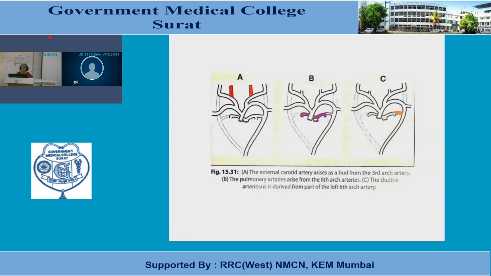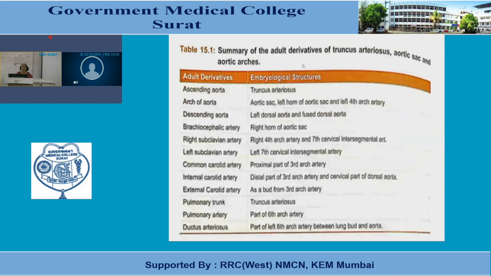Now, summary of the adult derivatives of the truncus arteriosus, aortic sac and aortic arches. So adult derivatives, number one, and the embryological structure. The ascending aorta is derived embryologically from the truncus arteriosus. The arch of the aorta from the aortic sac, left horn of the sac and left fourth arch artery.